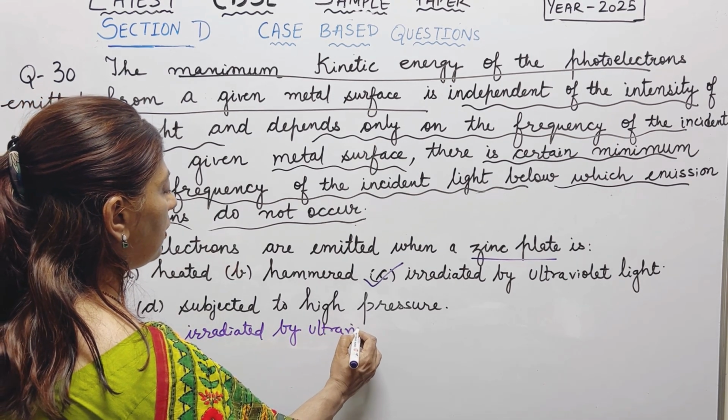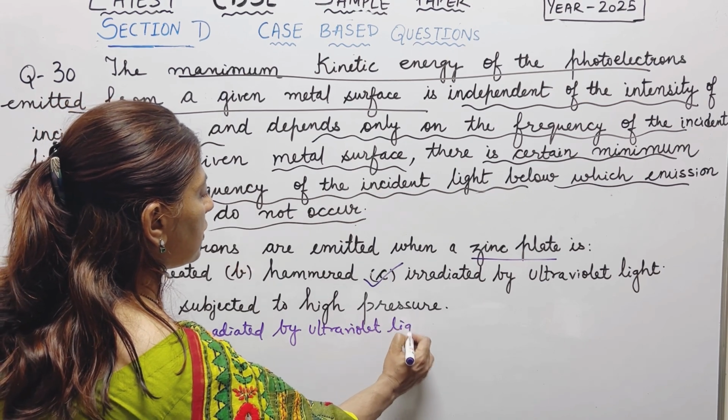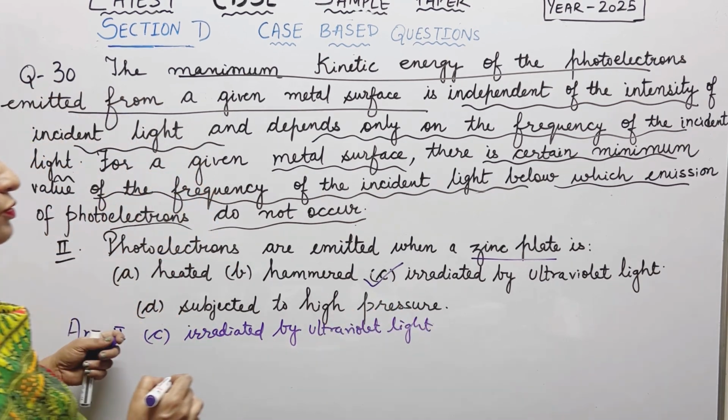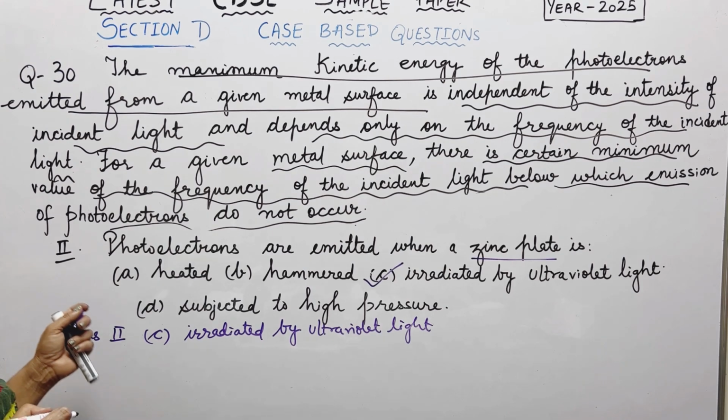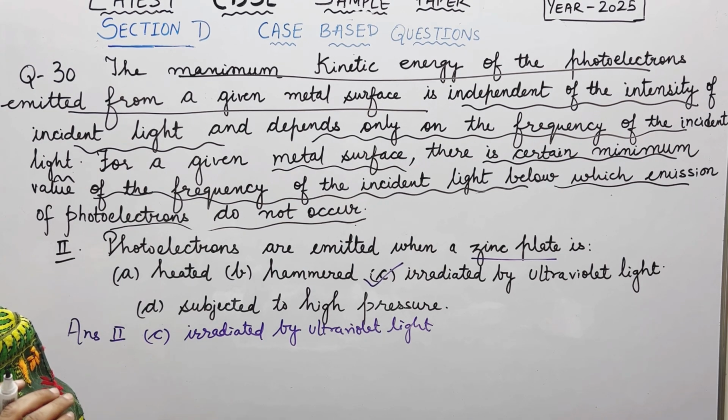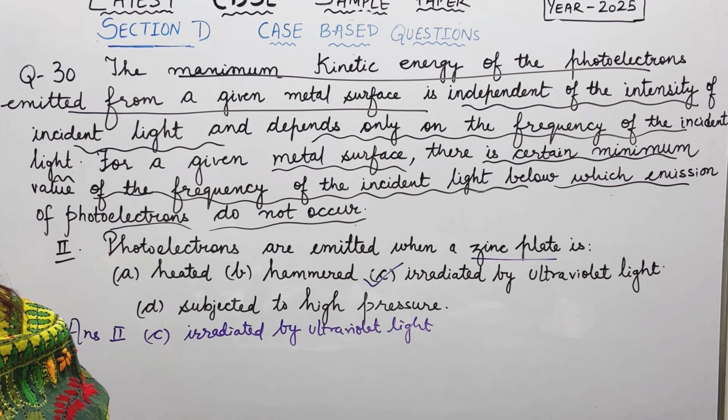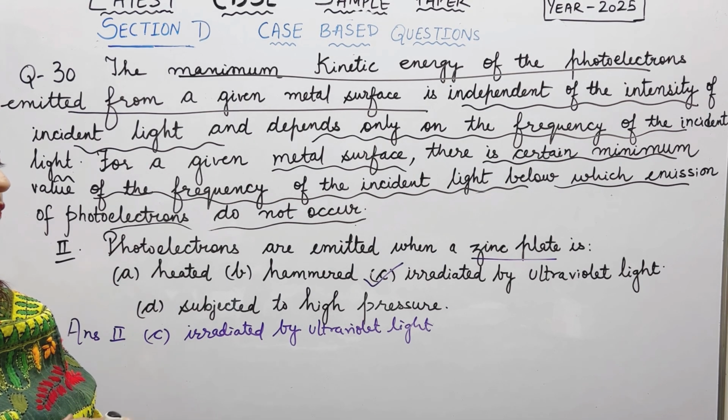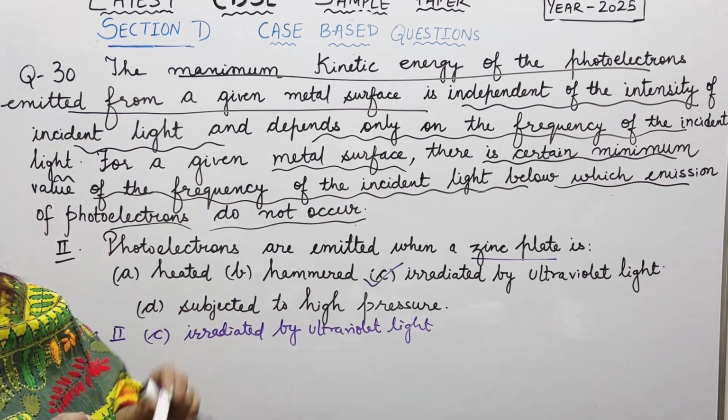These are the study based questions. In that study also it has been mentioned that alkali metals emit the photoelectrons even at visible light. For others, generally we need the ultraviolet rays.